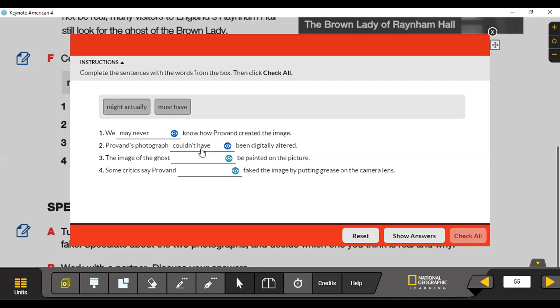Must have. All right. And then we have, some critics say Provand might actually faked the image by putting grease on the camera lens. Okay, so I'm going to check them to see if they are correct.